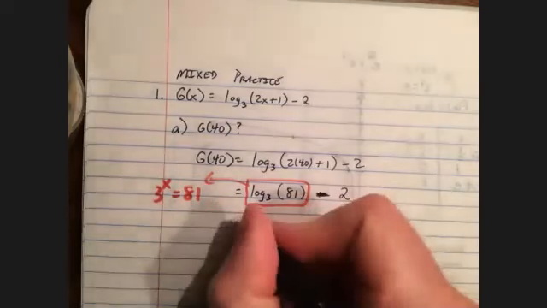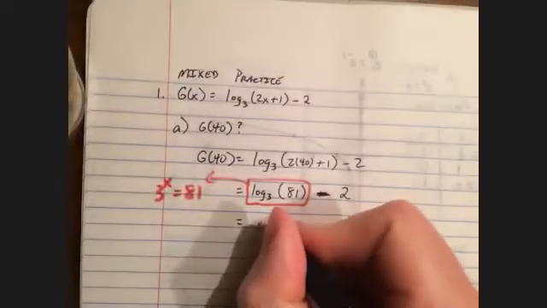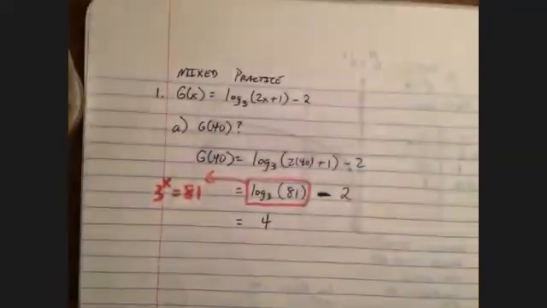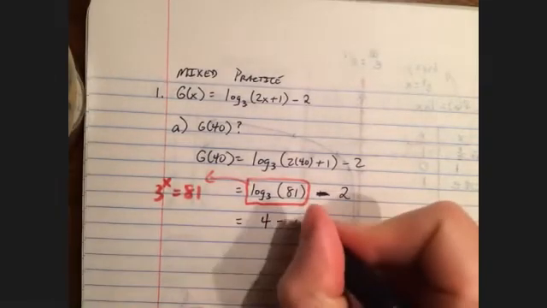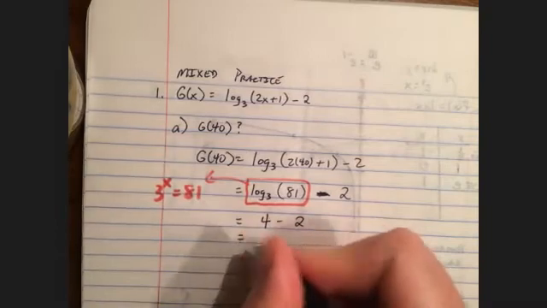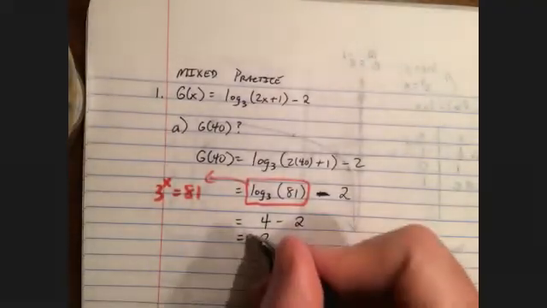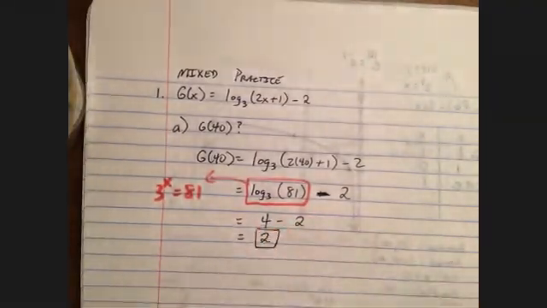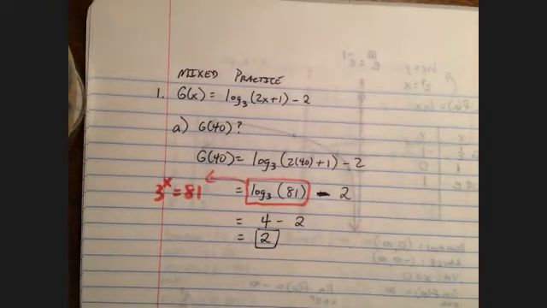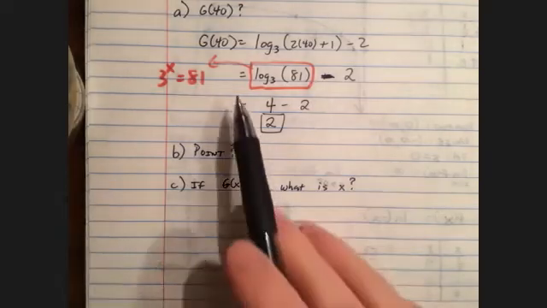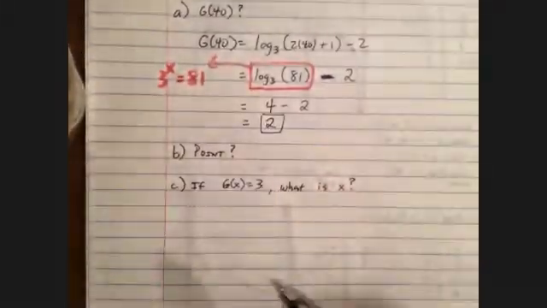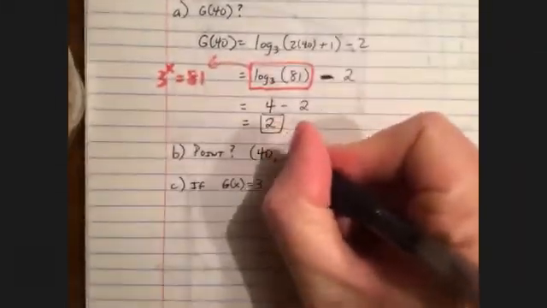So we know that log base 3 of 81 is 4, because 3 to the fourth would be 81. And then have minus 2, of course. So g of 40 is equal to 2. All right, part B is asking for what point. So for g of 40 is equal to 2, then that'd obviously be 40, comma 2.